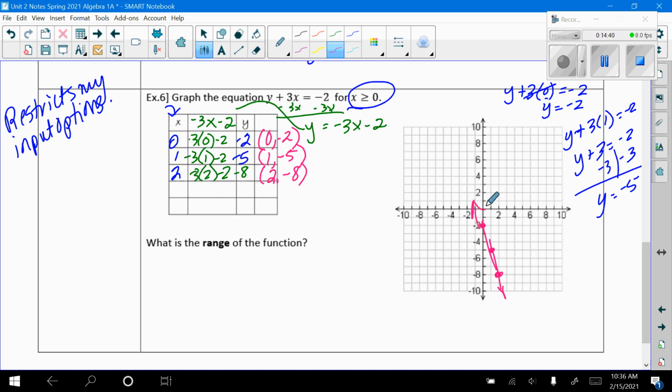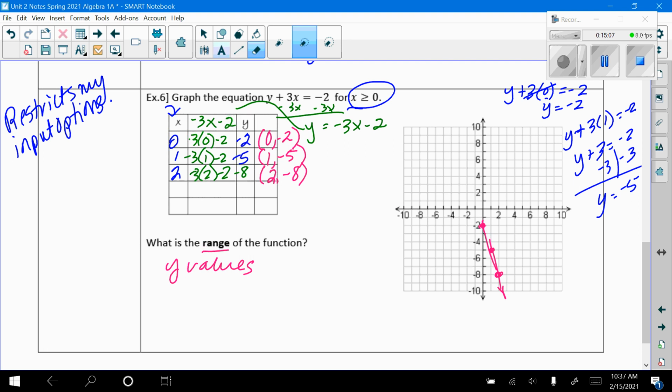Now I'm going to ask you what the range is. Your range are your y values. If I look here, I'm going to -2. The x value cannot be greater than 0, so I actually have restrictions here. It has to be greater than 0. So I need to erase this because my x values can't go back here.